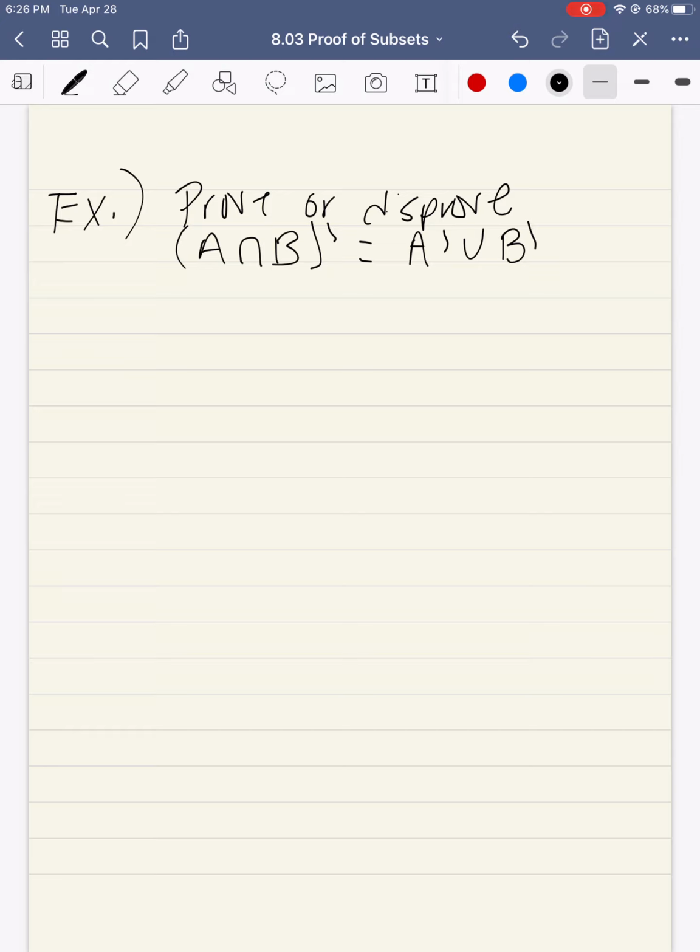We're going to do this the same way as before, with the truth table. Here we have two sets, so we need 4 rows, just as with logic, where two propositions give 2 to the second power, which is 4 rows.